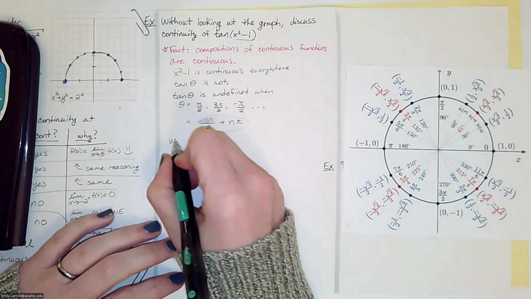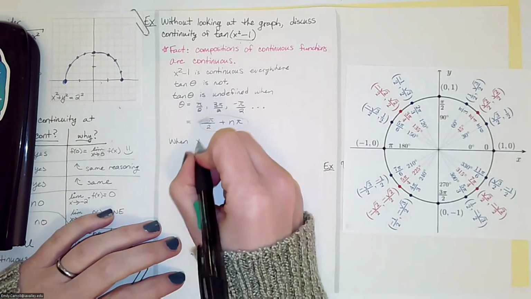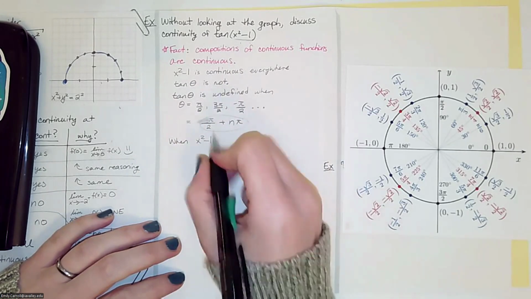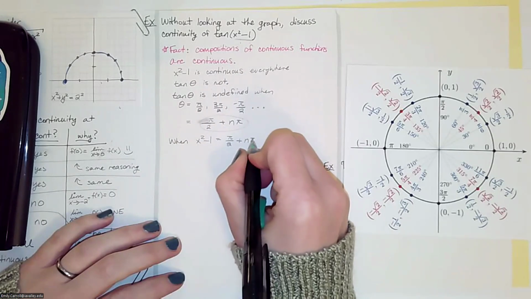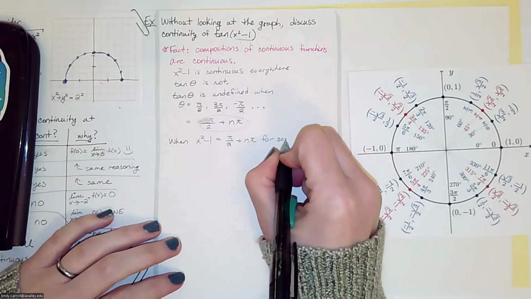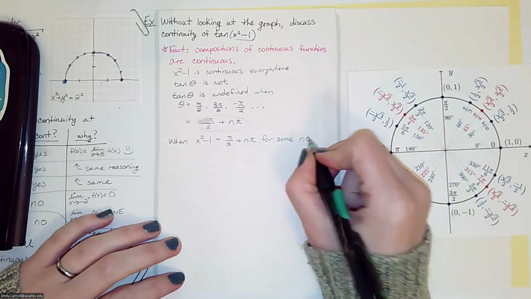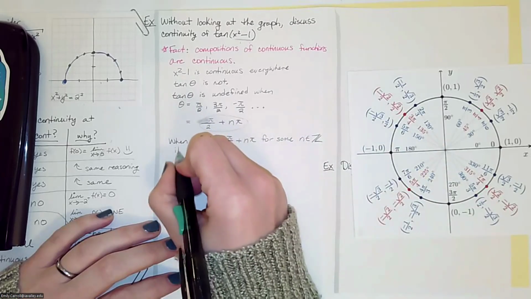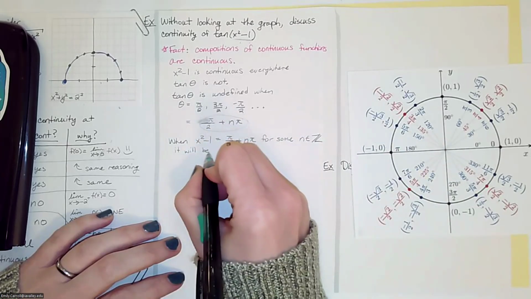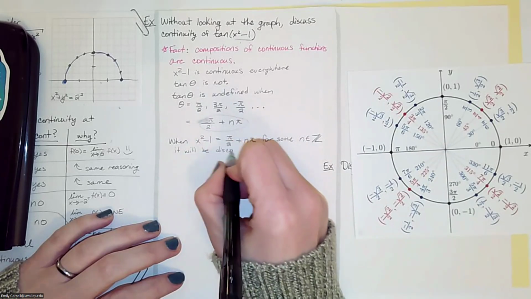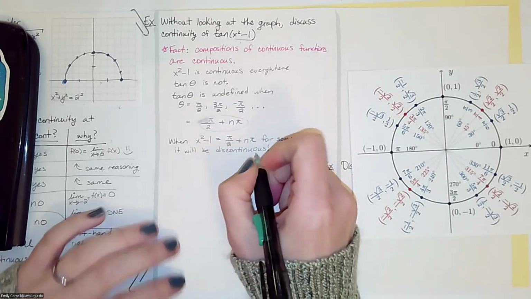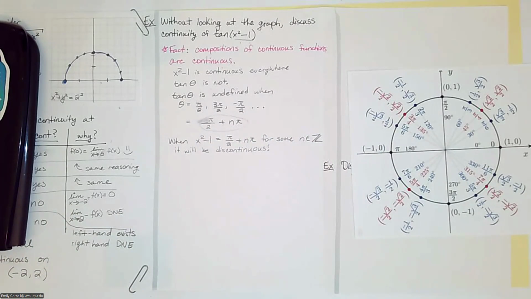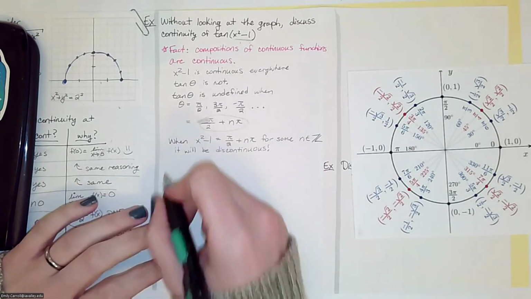When the inside function, x squared minus 1, equals pi over 2 plus n pi for some integer n, it will be discontinuous. We're almost there. So what x's will make that happen?